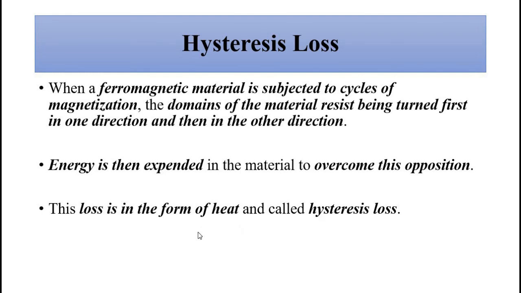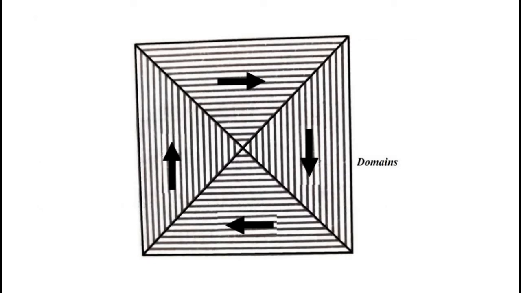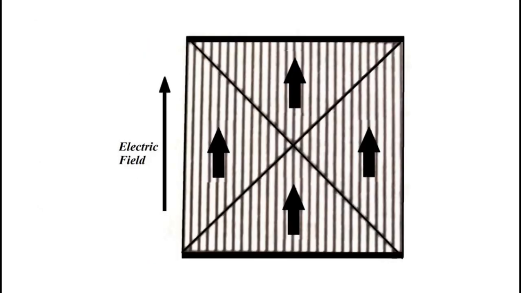The extra energy applied to overcome the opposition offered by the domains in being rotated or turned from one direction to the other when the direction of the magnetic field changes, sorry, this is not electric field, this is magnetic field, by mistake I have written electric field, this is magnetic field.